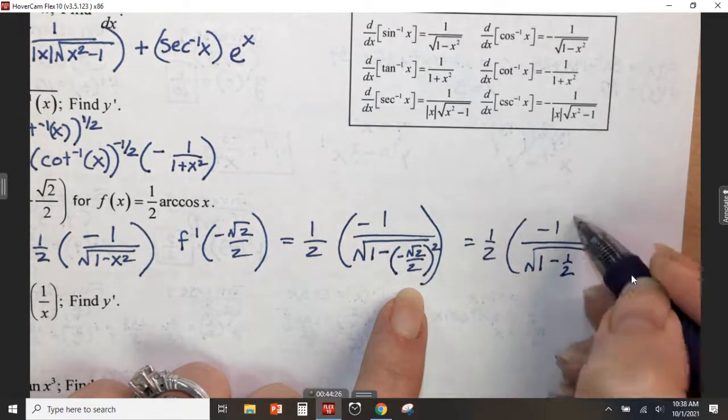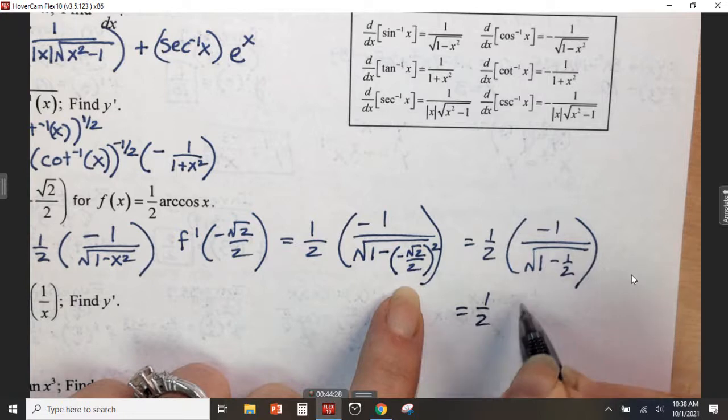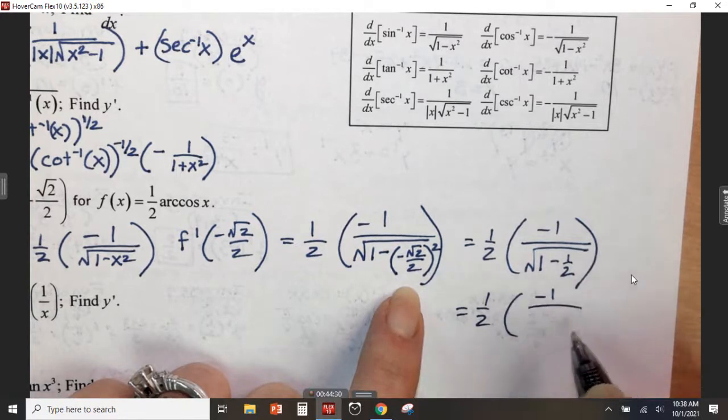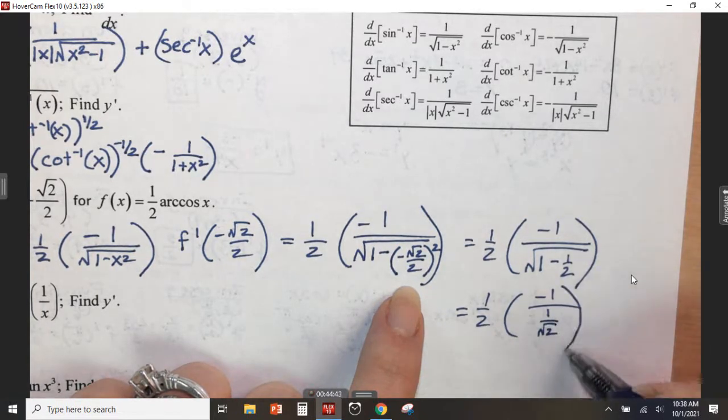So then this is 1/2 times negative 1 over the square root of 1/2. And when I take the square root of 1/2, I do the square root of the top and the square root of the bottom, so it's going to be 1 over the square root of 2. Right? Did I lose anybody there?